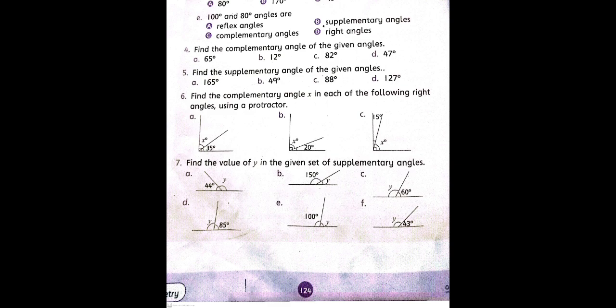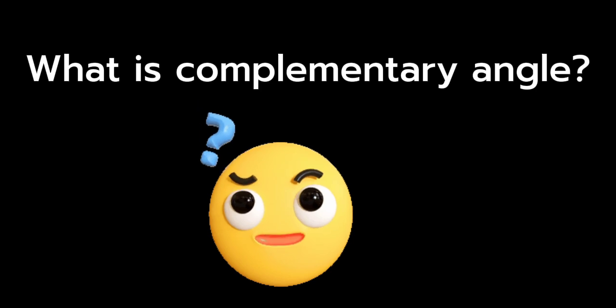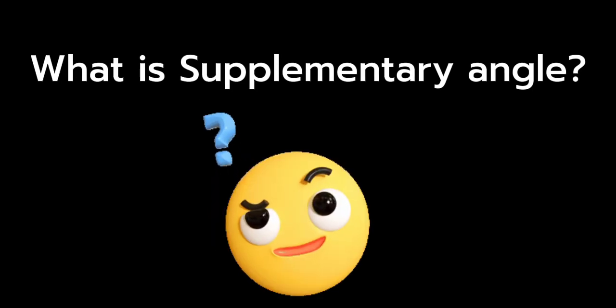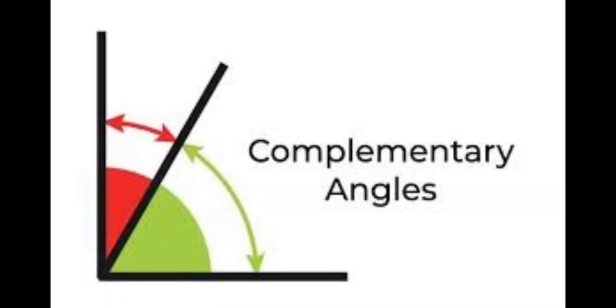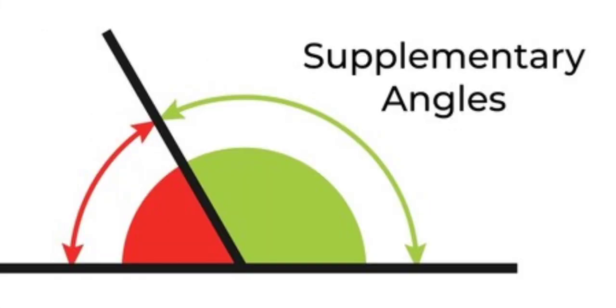Number 124. Okay students, before starting our topic, tell me, what is complementary angle? Yes, what is supplementary angle? Yes, right. As you know, complementary angles are two angles whose sum is 90 degrees, while supplementary angles add up to 180 degrees.